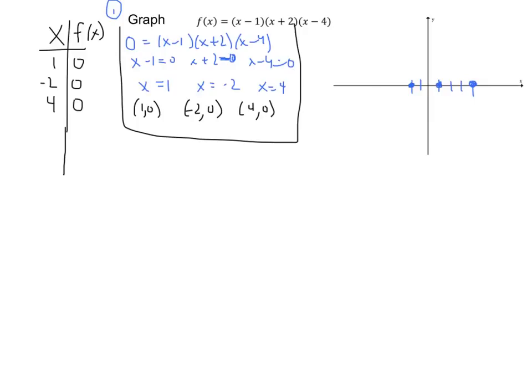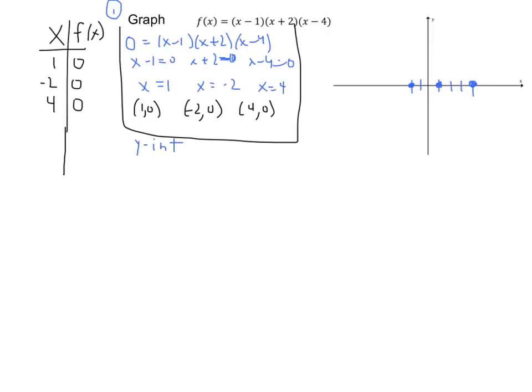What I would recommend is that the next thing you do after finding your x-intercepts is find the y-intercept. So let's do that. How do we find a y-intercept? If you remember, the y-intercept will always have an x value of 0.